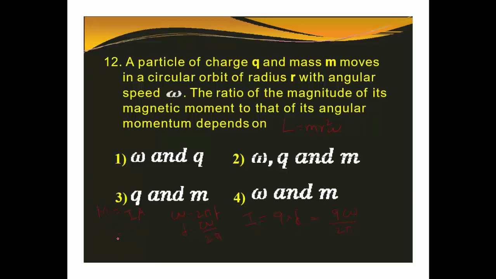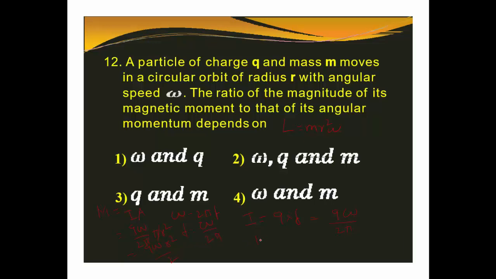The area of the coil will be pi r square. So now I have the complete formula for M: q omega r square by 2.